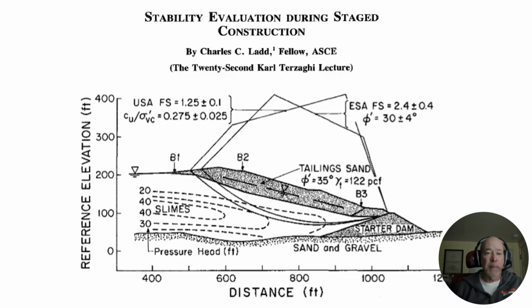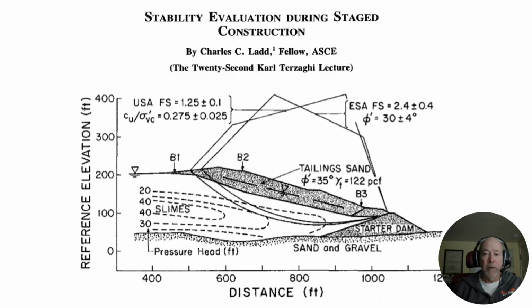So the word slimes is surrounded by contour lines that say 40, and then it goes down to 30 outside of that target zone, and then you can see 20. So this is exactly like an elongated bullseye. And what that is, is the pore pressure. So the pore pressure is highest in the middle of that deposit and lowest at the base and lowest at the top. So this is like an odometer test that's got drainage at the top and bottom.